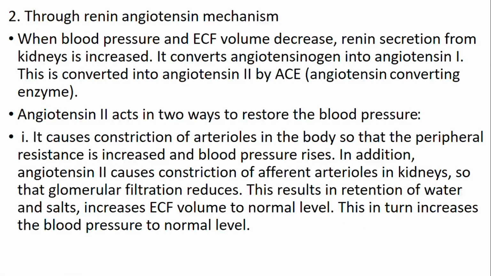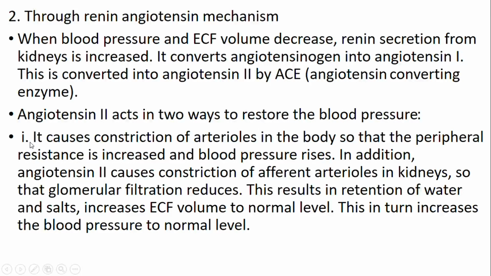Second is through the renin-angiotensin mechanism. When the blood pressure and ECF volume decrease, the renin secretion from the kidney is increased. It converts angiotensinogen into angiotensin 1. This is converted into angiotensin 2 by ACE, angiotensin converting enzyme. Angiotensin 2 acts in two ways to restore the blood pressure.